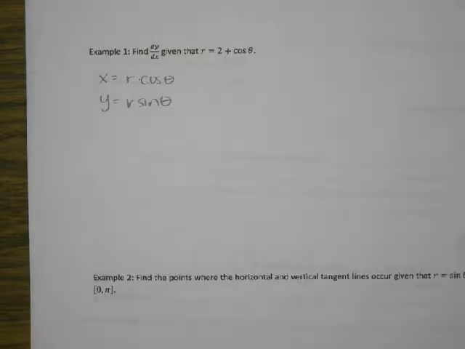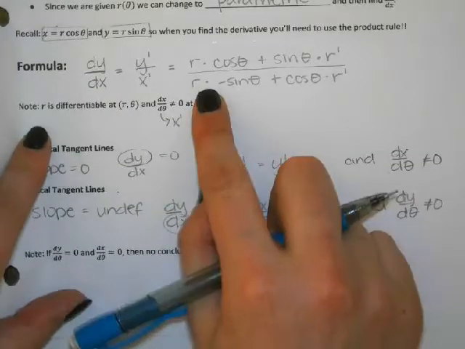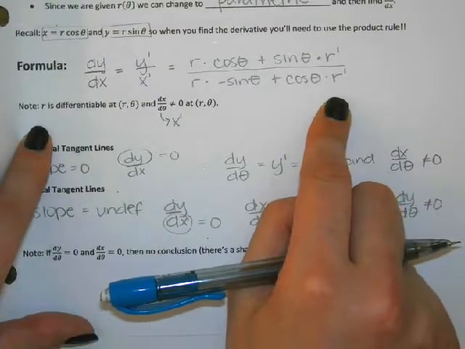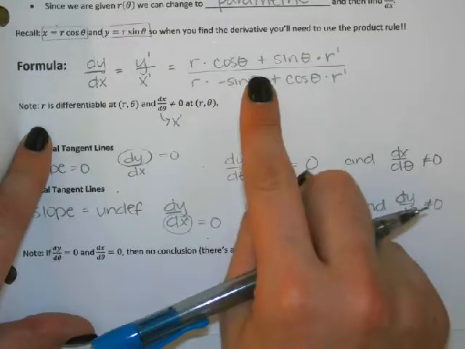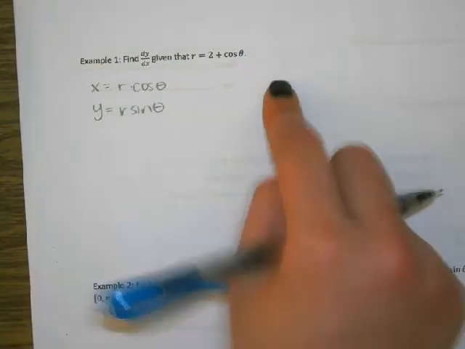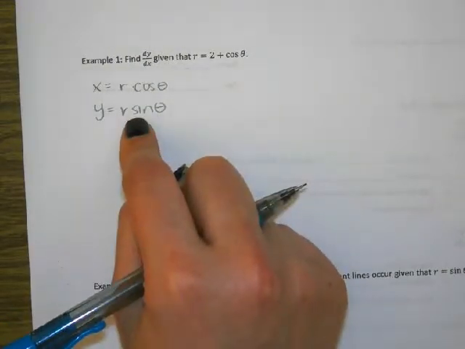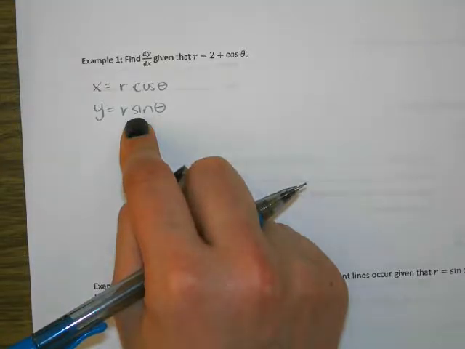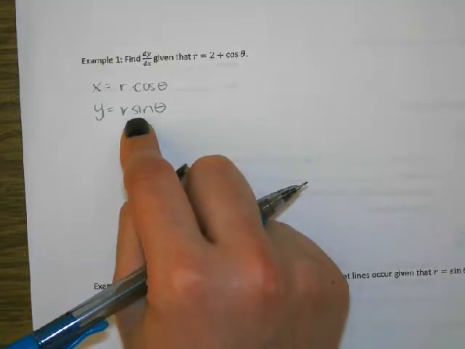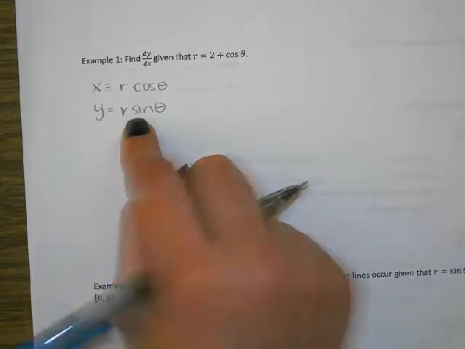You can either look at the front of your packet and treat this like a formula and plug it all in and solve it. Or you can find your x and find your y and just do y prime divided by x prime. Okay? And that's what I'm going to do, because I don't like to make you guys memorize formulas that you don't need to memorize. I'd rather have you guys just understand how it works.